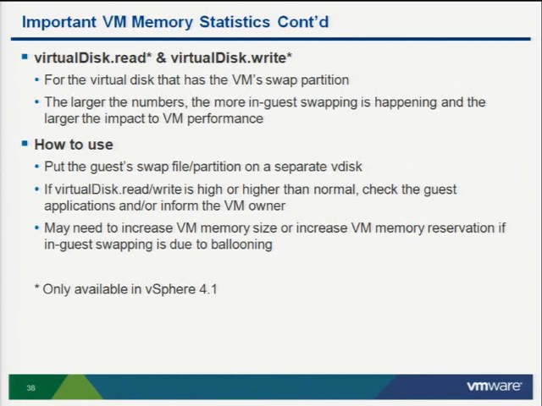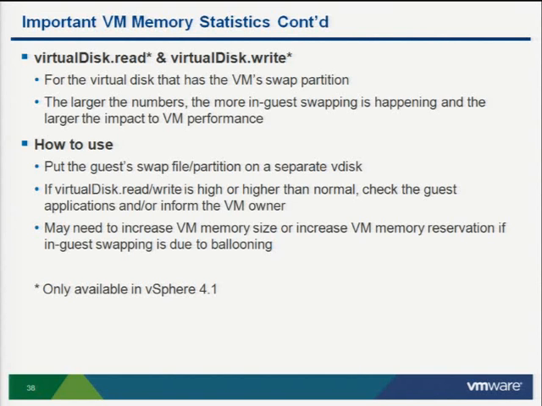The other tidbit I like to talk about is in vSphere 4.1, we have these two new counters, virtualdisk.read and virtualdisk.write. By themselves, they just measure how much I/O is going to each virtual disk of the VM. But a clever thing you can do is put the guest OS's swap file on a separate virtual disk.